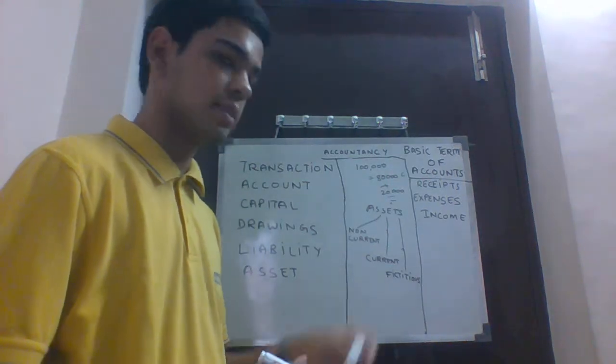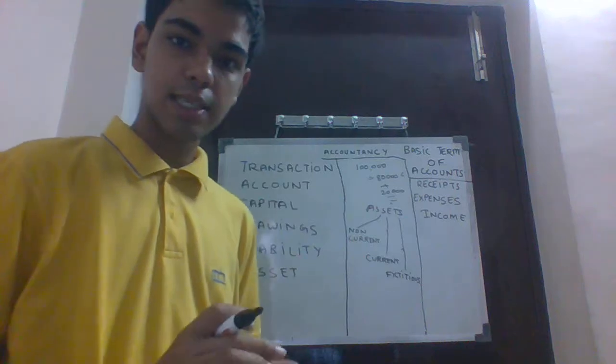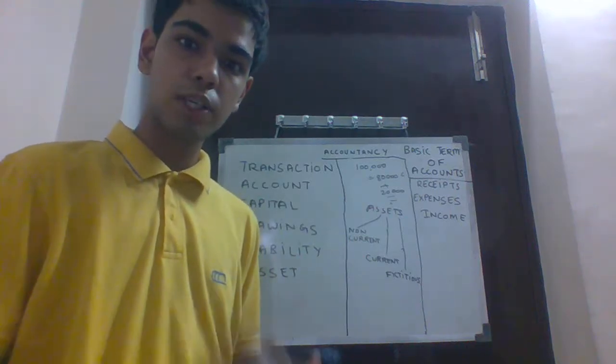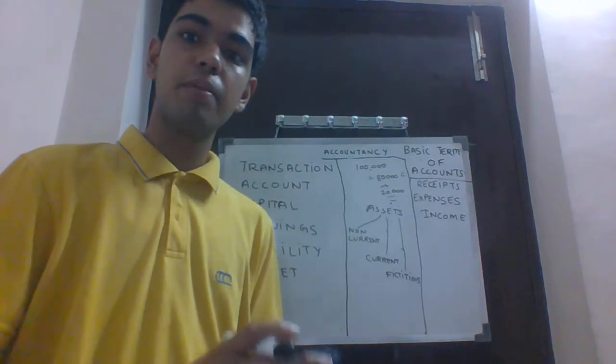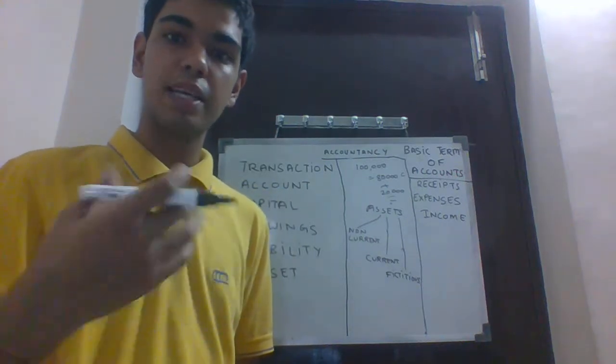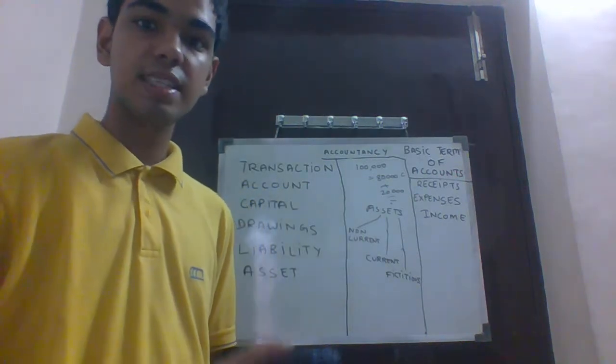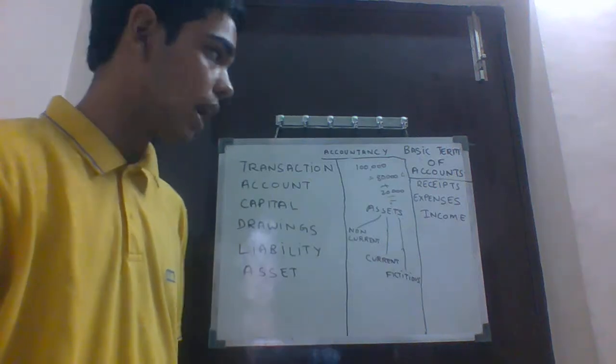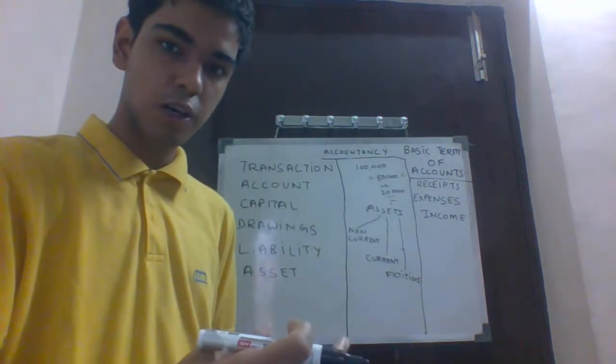What are fictitious assets? Fictitious assets are those assets the benefit of which will be lasting in more than one accounting period. Now what basically a fictitious asset is, it is the kind of deferred revenue expenditure. I'll be explaining it to you in the expenditure part of it.